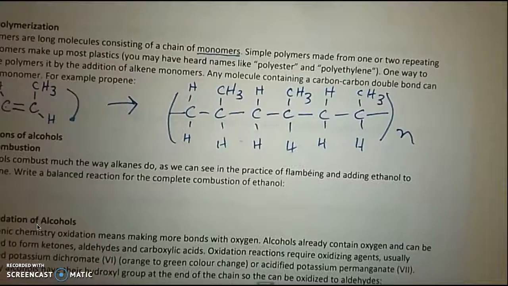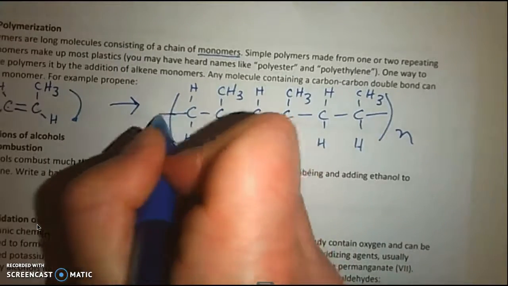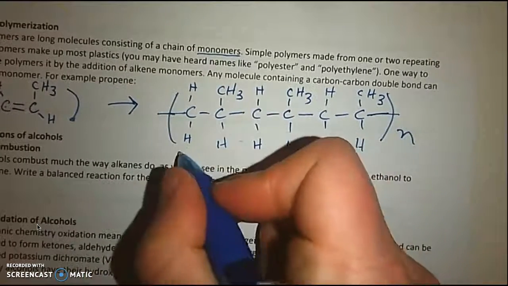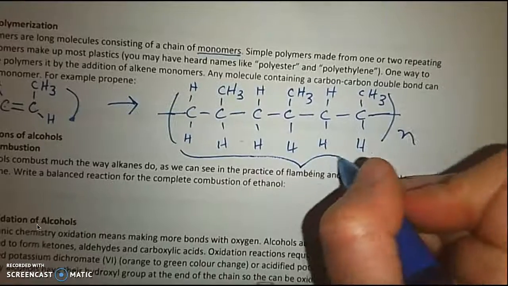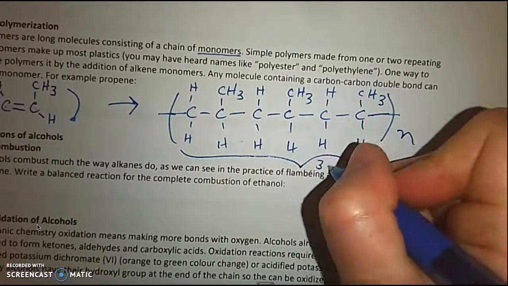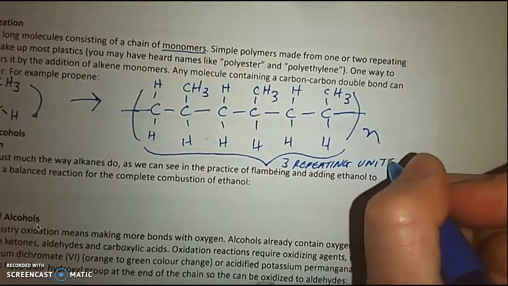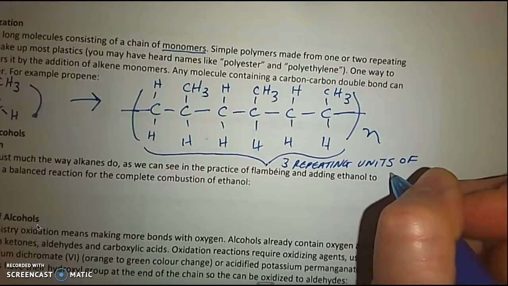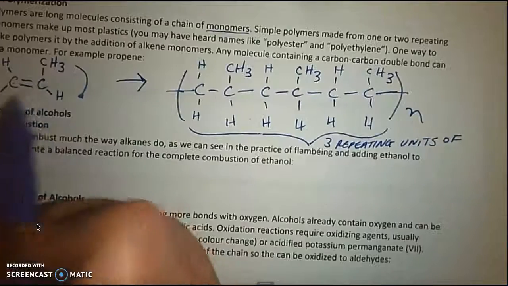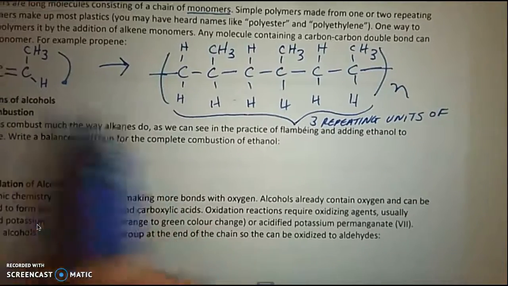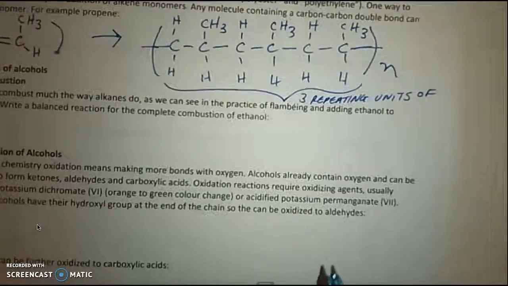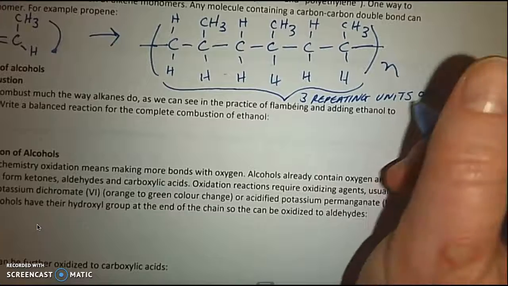Polymers are really, really big molecules. This is just showing 3 repeating units. And this polymer, because it's coming from a propene monomer, would be called either polypropene or polypropylene.